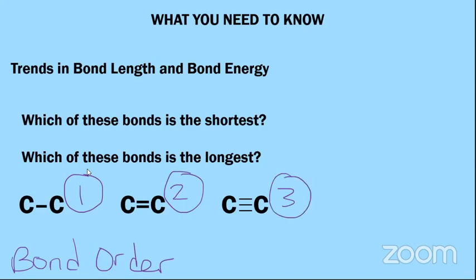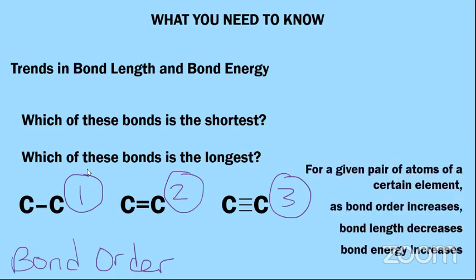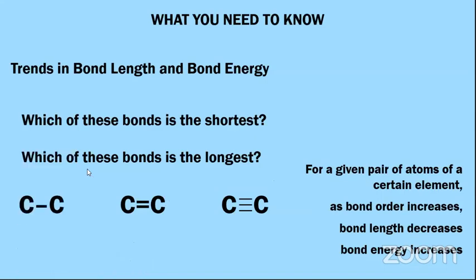Which of these bonds, in your opinion, should be the shortest and which is the longest? Well, hopefully you can reason through this for a given pair of atoms of a certain element. So we're not comparing a double bond of carbon with a single bond of chlorine or something like that, but for a given element, as the bond order increases, bond length should decrease and bond energy should increase.